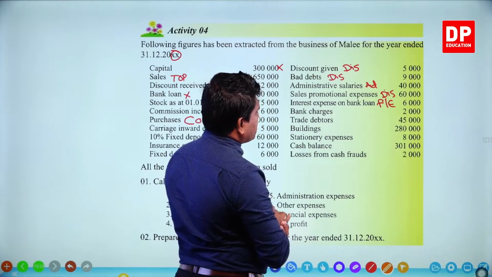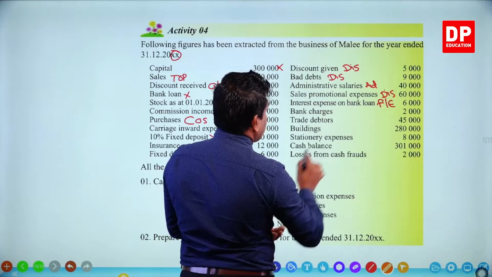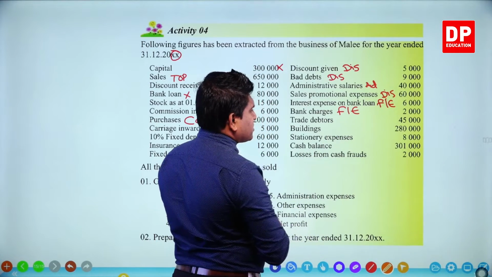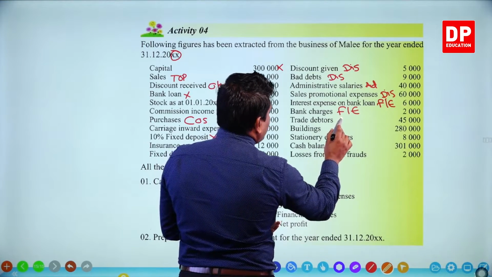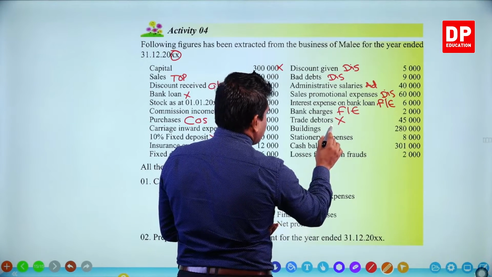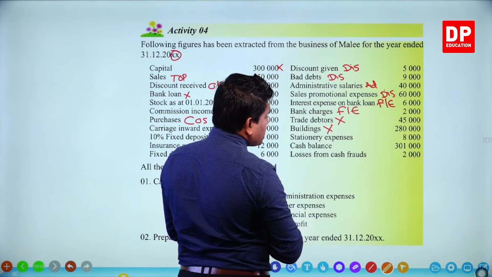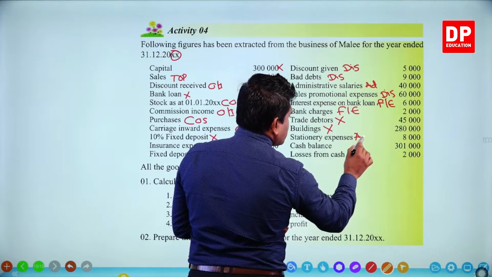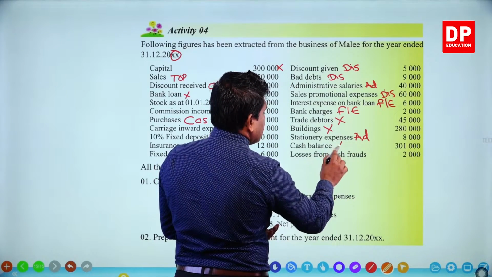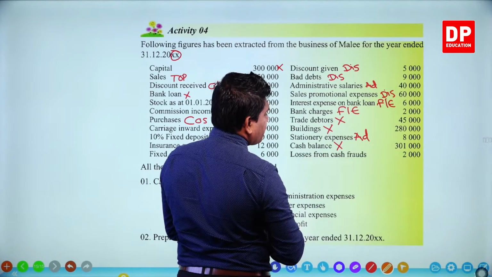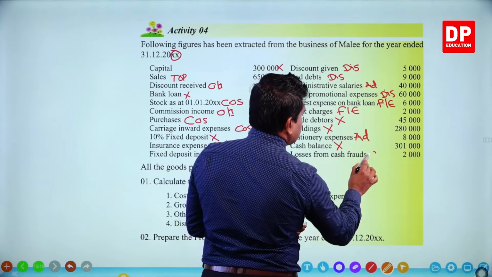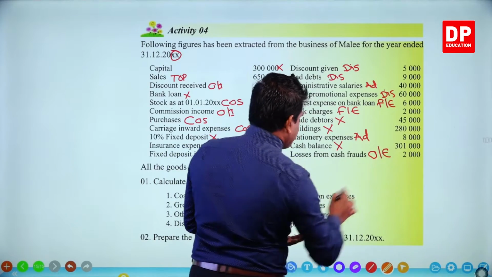Bank charges, where? Financial expense, right? Then trade debtors, do you take them? No, we don't take because it's an asset. Building, asset, we don't take. Stationery expense, administration expense, right? Cash balance, do you take? No, asset. Losses from cash frauds, then where? It goes under the other expense category.